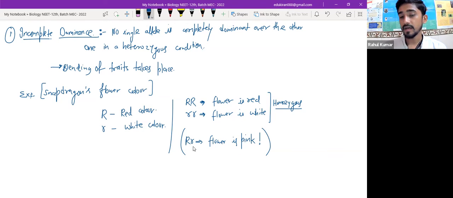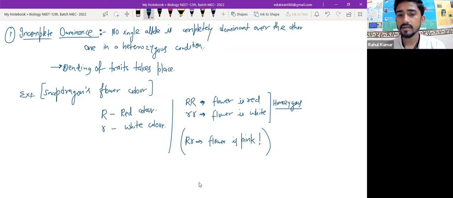This capital R allele over small r allele is not completely dominant, right? There is an incomplete dominance, because of which there is a blending. Like you all have done paintings in junior classes, you have mixed paints and colors. If you mix a red color with a white color, what will it produce? A pink color, right?